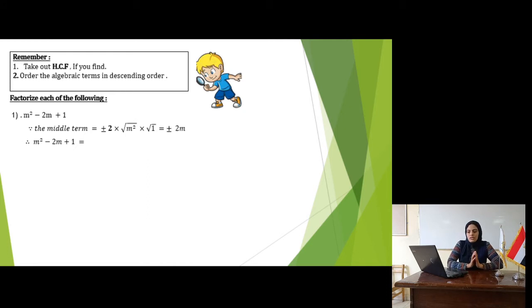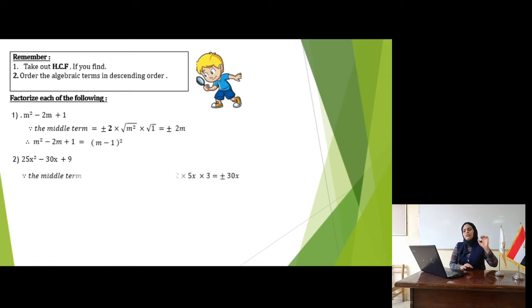Let's move to exercise number 2. 25x power 2 minus 30x plus 9. Be sure that it is a perfect square trinomial. 25x power 2, 5x. 9, 3. 3 times 5x equals 15x, times 2 equals 30x. So the middle term here is 30x.